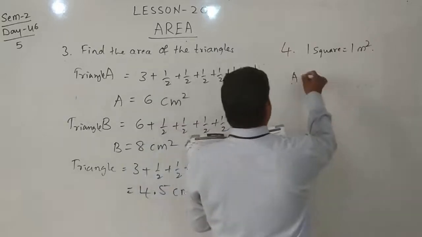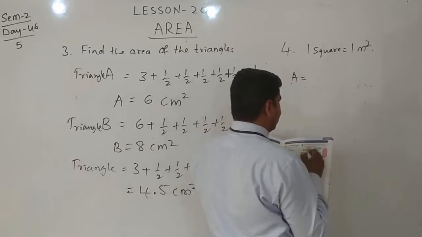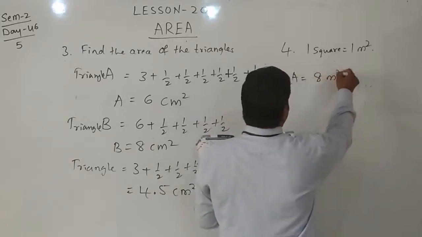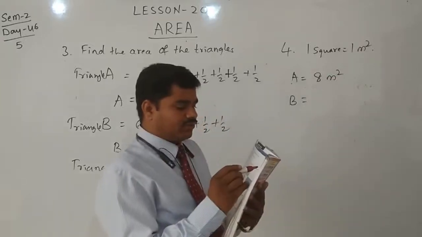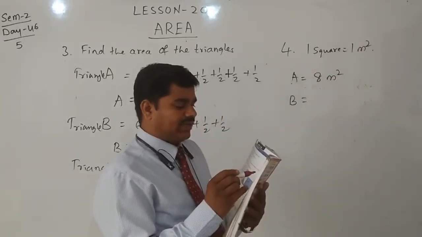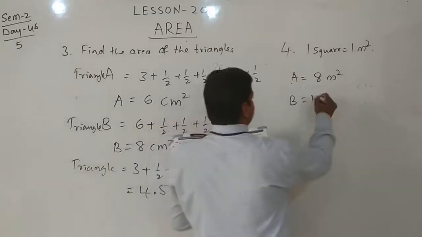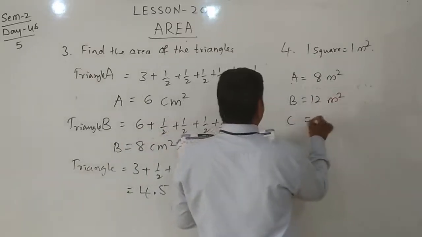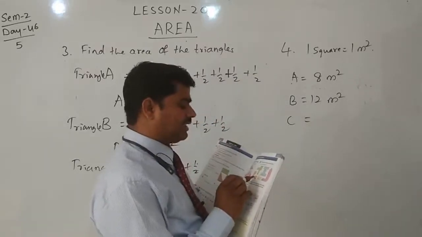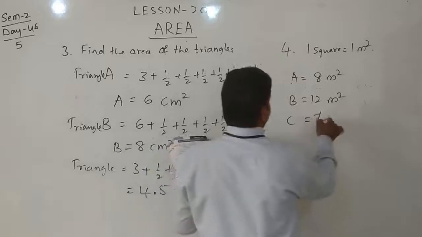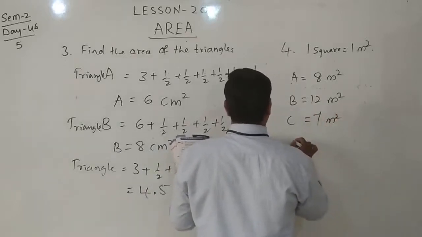Figure A having 1, 2, 3, 4, 5, 6, 7, 8. Then 8 meter square. Figure B, 1, 2, 3, 4, 5, 6, 7, 8, 9, 10, 11, 12. Then we can write 12 meter square. Figure C, yes, 1, 2, 3, 4, 5, 6, 7. Then 7 full squares, 7 meter square.